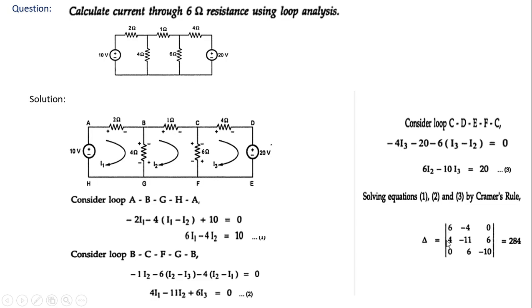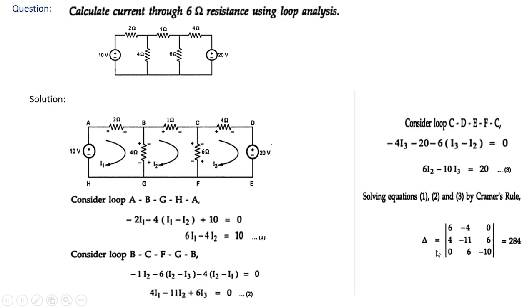Here the first column 6, 4, 0, second column minus 4, minus 11, 6, third column 0, 6, minus 10. To write D2, we are replacing the second column using the right hand side of equations 1, 2, 3. Minus 4 neglected, 0 is written. Instead of writing minus 11, 0 is written. Instead of writing 6, 20 is written. In this way, del 2 is calculated.